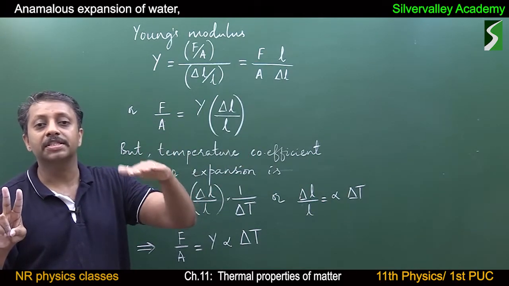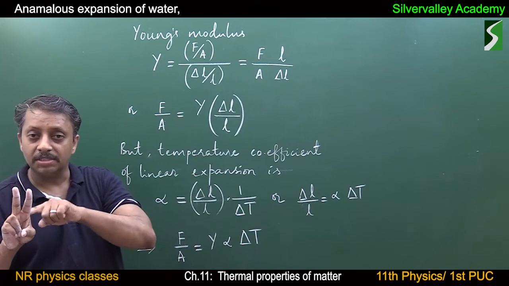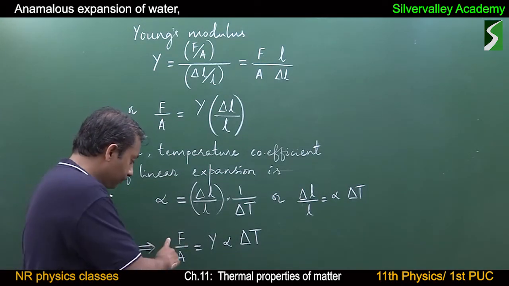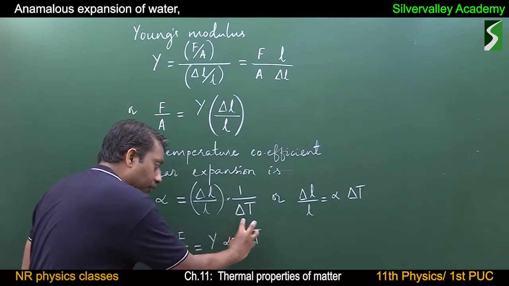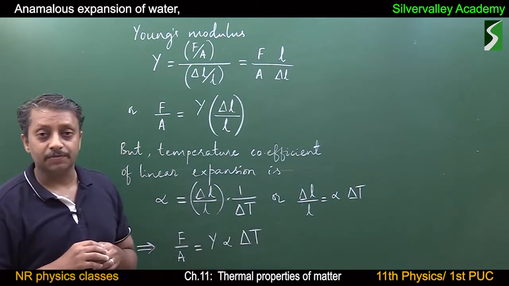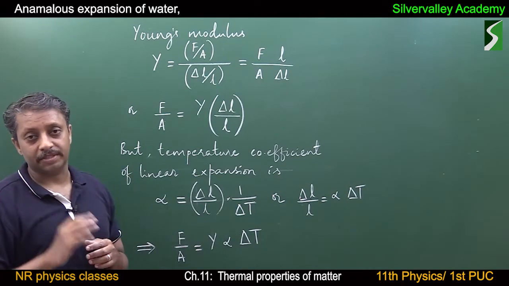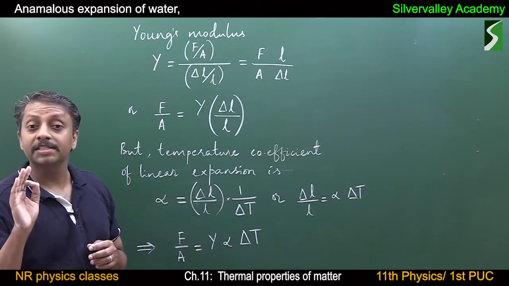If the temperature difference is doubled, then thermal stress also gets doubled. That you can decide only when you know that this is directly proportional to delta T. So that is why it is always important to remember all these equations properly.